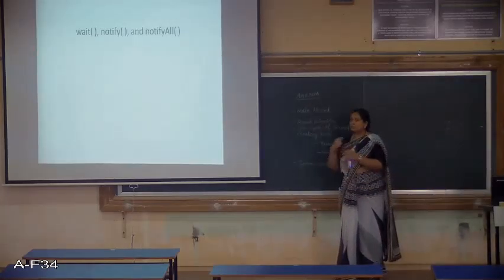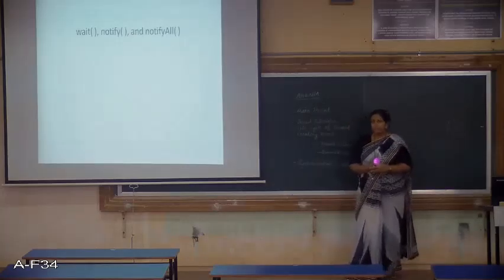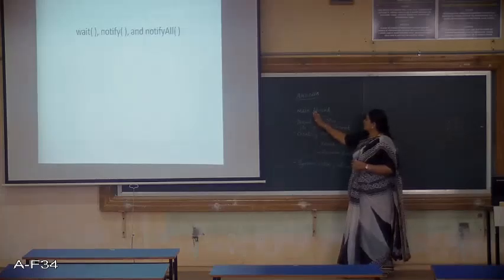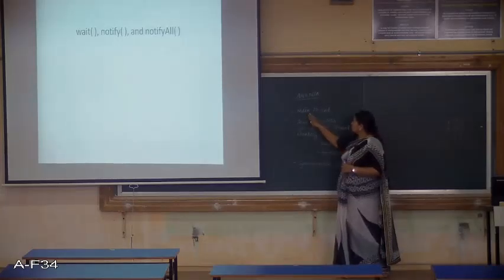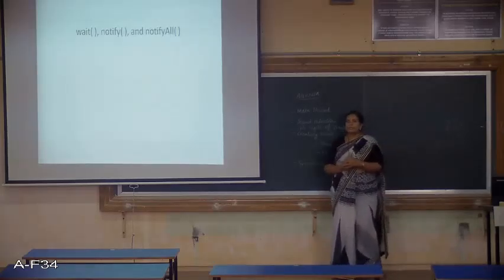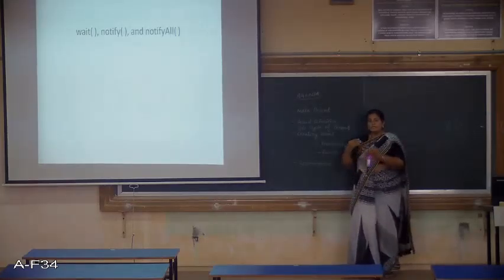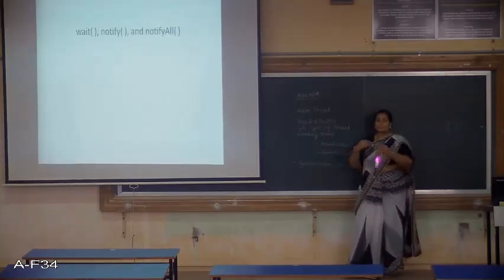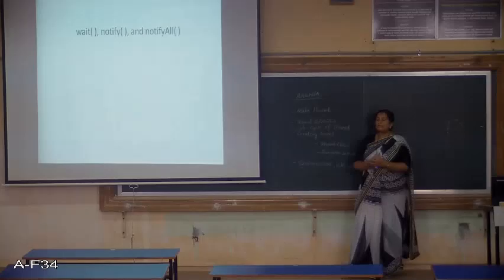To summarize what we discussed in today's class: what is the main thread and what are the thread priorities. We started with the main thread. We always want the main thread to complete its task last, and it should wait till all other child threads complete their work.